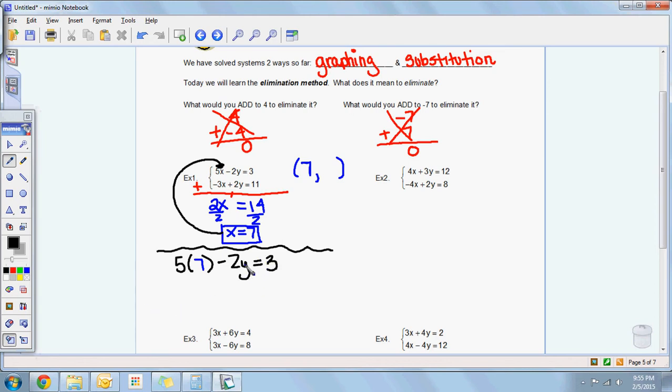Alright, so my job is to solve for y. So I'm going to simplify where I can. Okay, subtract 35 on both sides. So I'm left with negative 2y is equal to 38. Okay. And we're going to, oops, this is a negative, divide by negative 2.